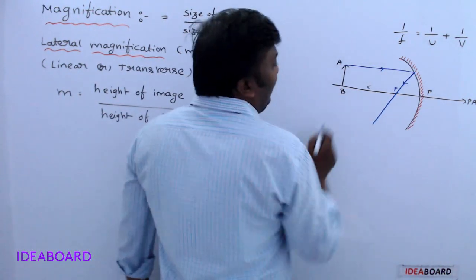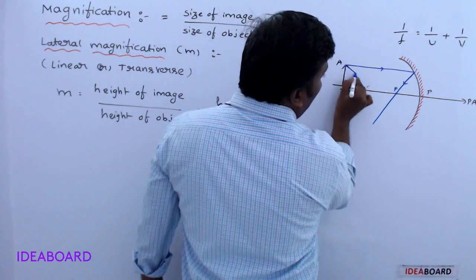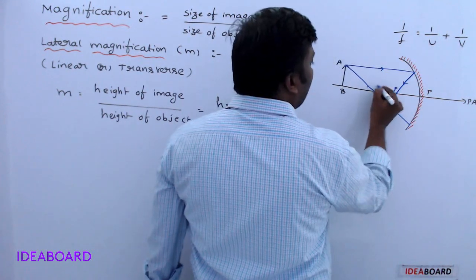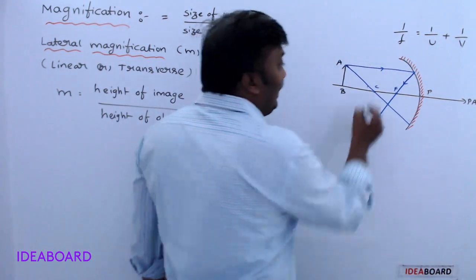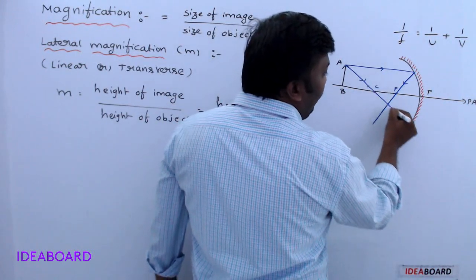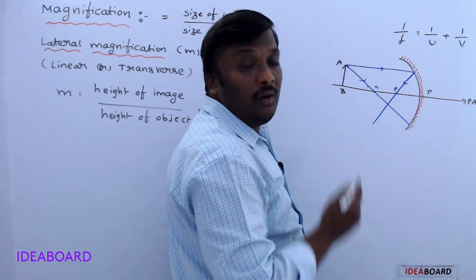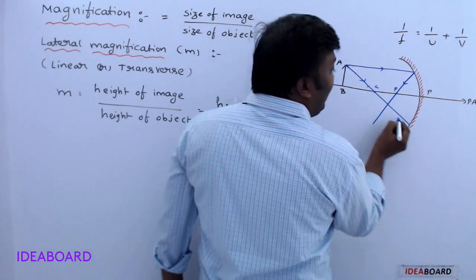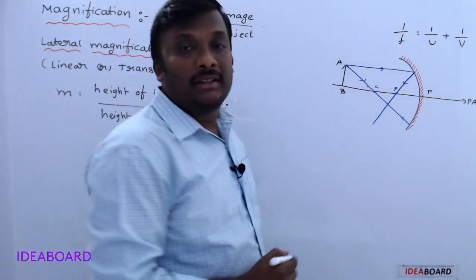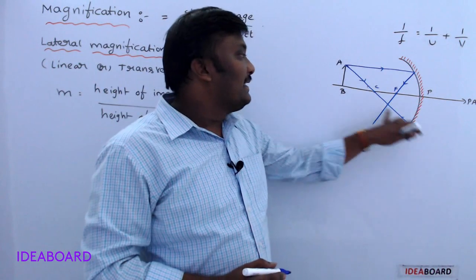Now let us take another ray. This ray is passing through the center of curvature of the mirror. If any light ray passes through the center of curvature and touches the mirror, we learned that the reflected ray retraces its path.